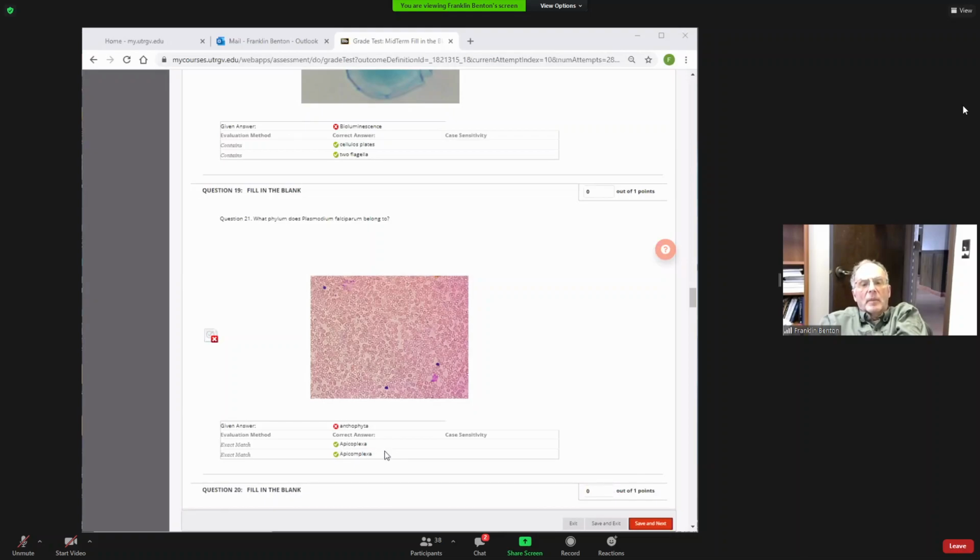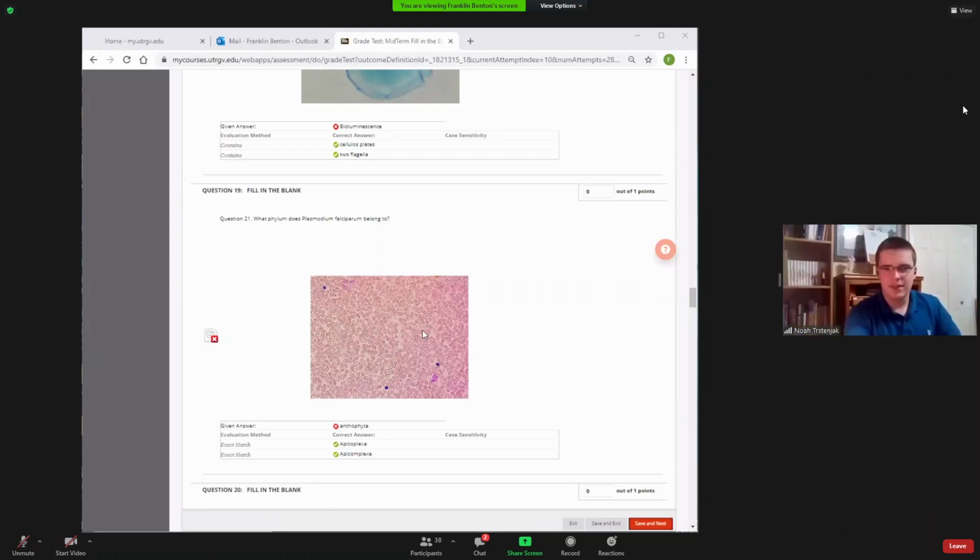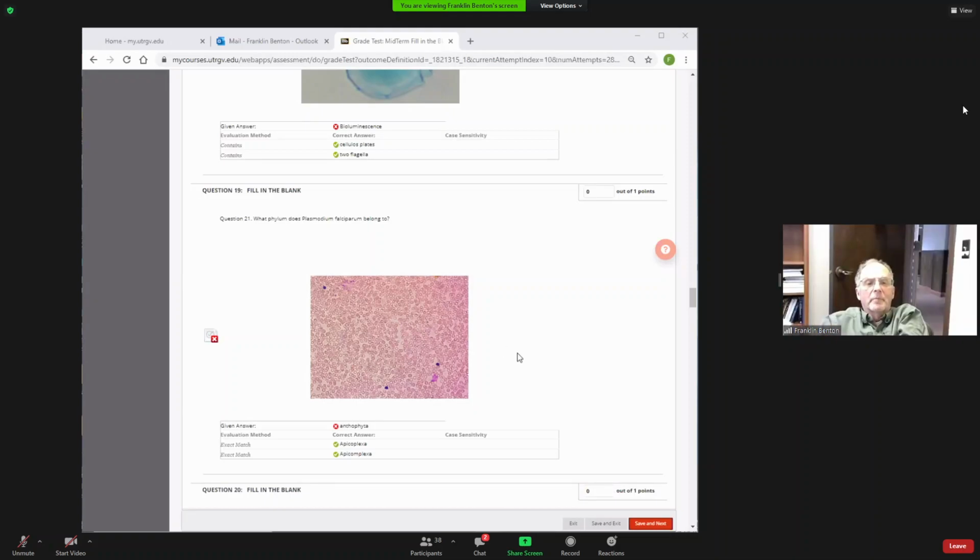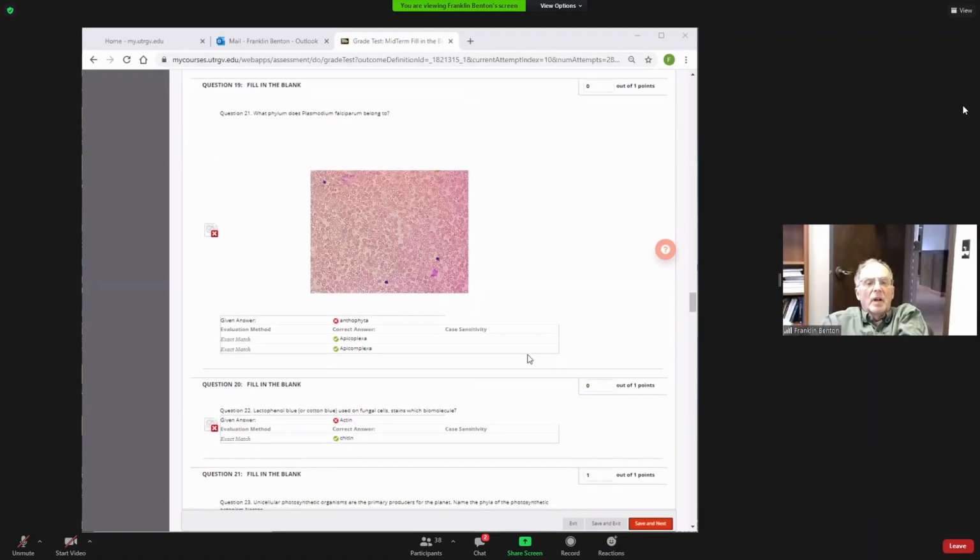So that one should come out okay. Now, this person gave the term Anthophyta. Anthophyta are flowering plants. Are these flowering plants? No, it doesn't appear so. These are protozoa that cause malaria.